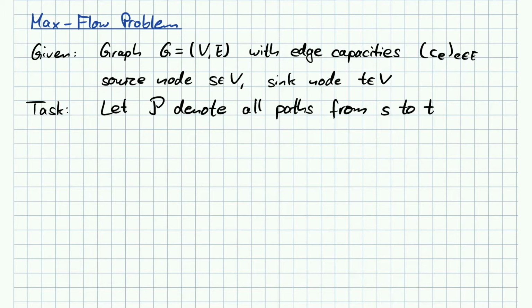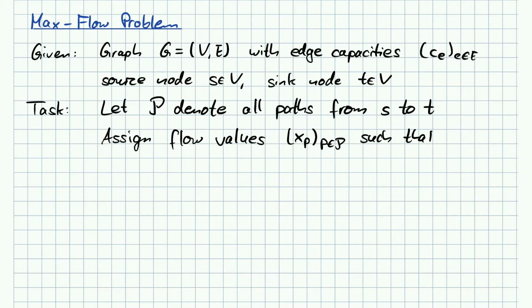And we now have to assign flow values x_p to all the paths in P such that, well, on the one hand, these have to be non-negative.